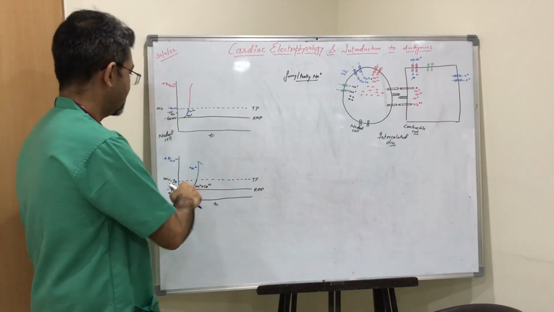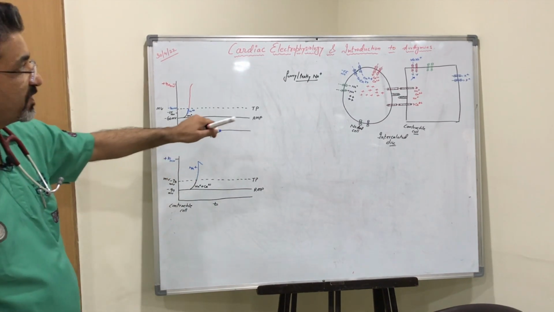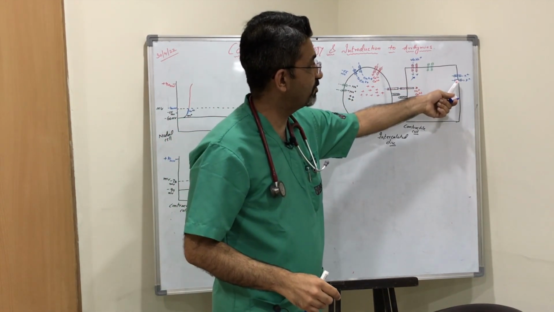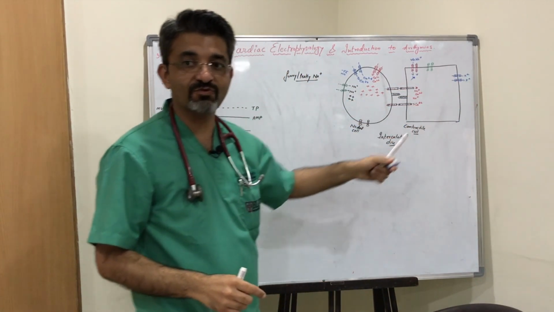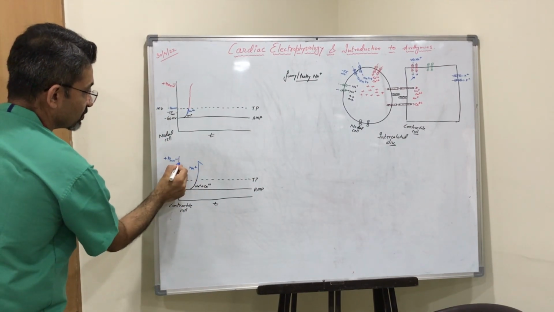With the abrupt shutdown of voltage gated sodium channels and the opening of potassium channels, from inside to outside, the action potential falls from 10 to 0.